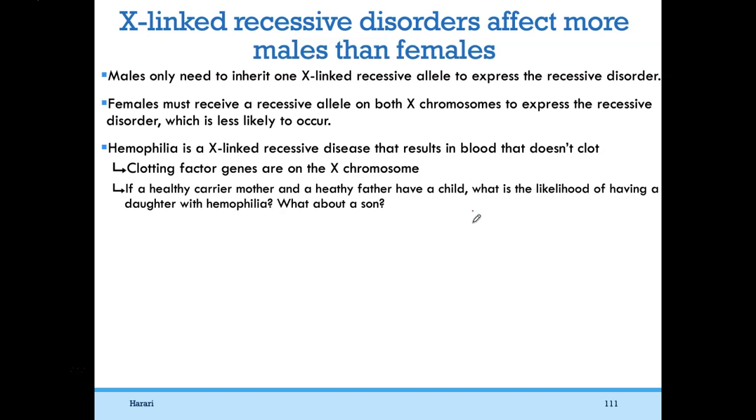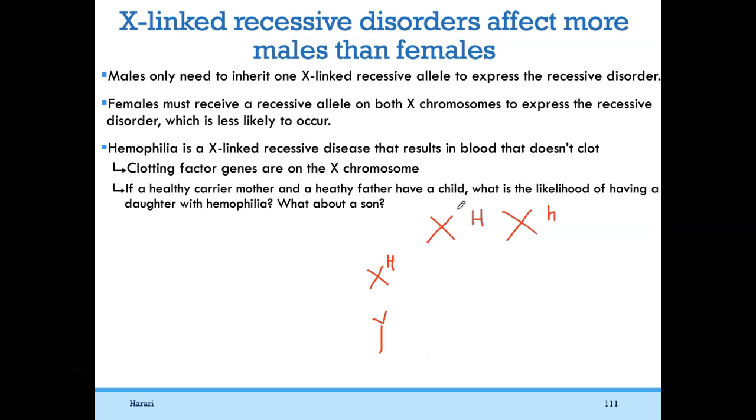Let's say big H is healthy, little h is hemophilia. This mother is a carrier, so she has one X chromosome that's healthy and one X chromosome that's unhealthy. A healthy father is XY. What does the father have, a big H or a little h? He has a big H because he's healthy.